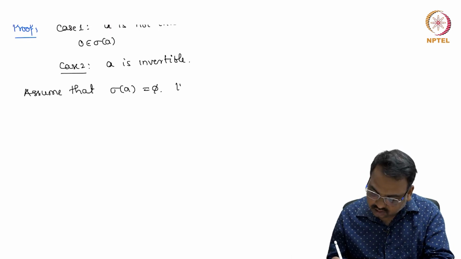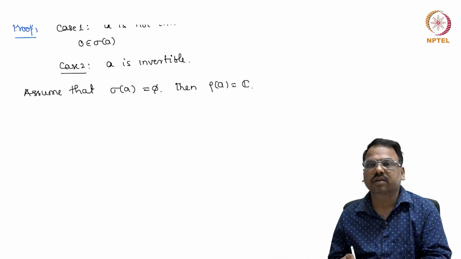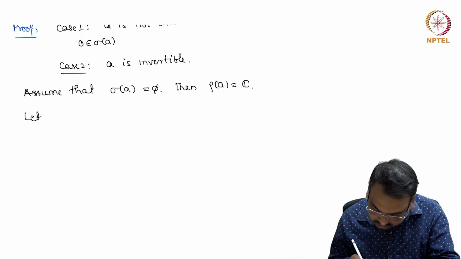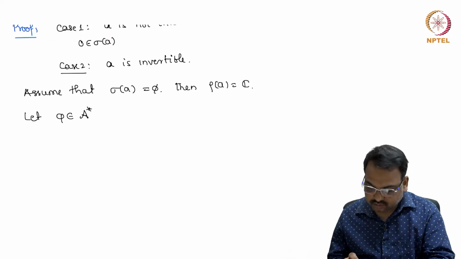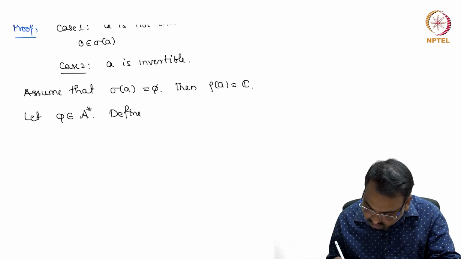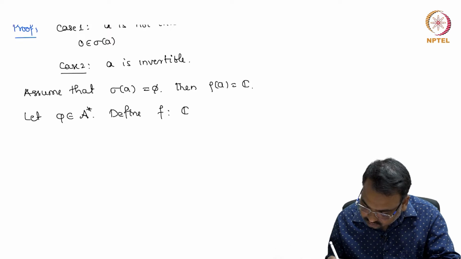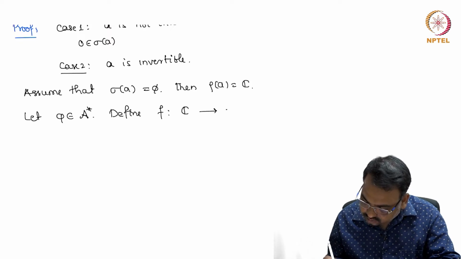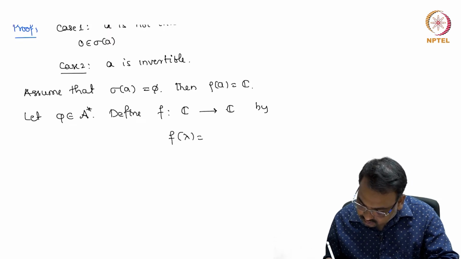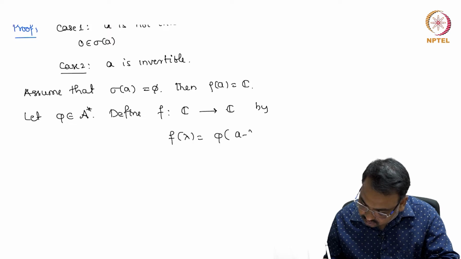Then in this case, the resolvent set rho of A is the full complex plane. Okay, so let us take a functional phi from A star, where A star is nothing but the dual space of A. Define f from C into C by f of lambda as phi of (A minus lambda 1) whole inverse.